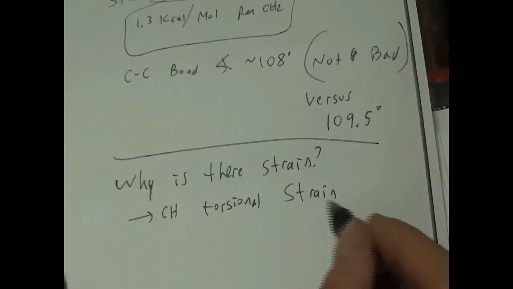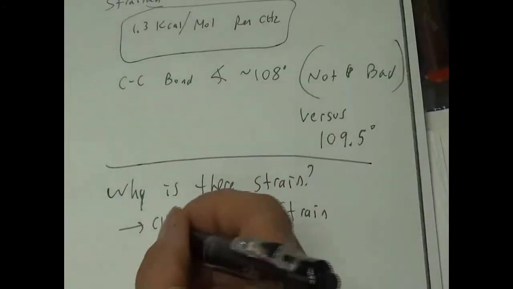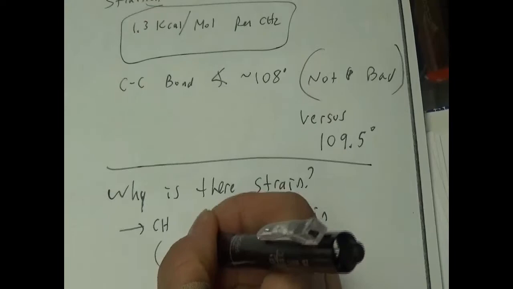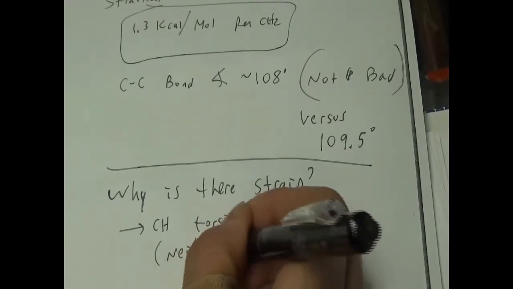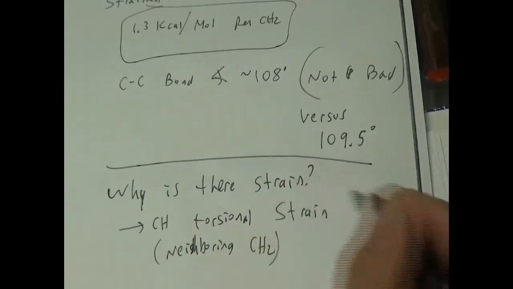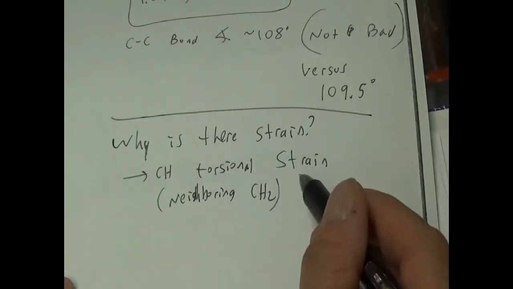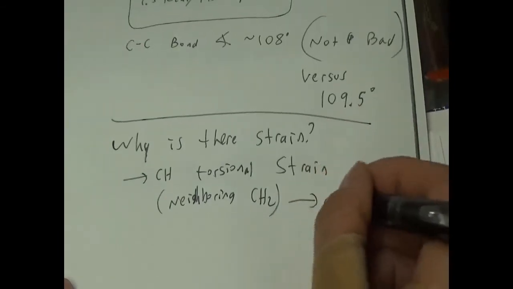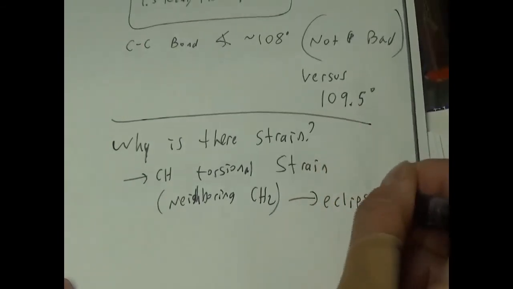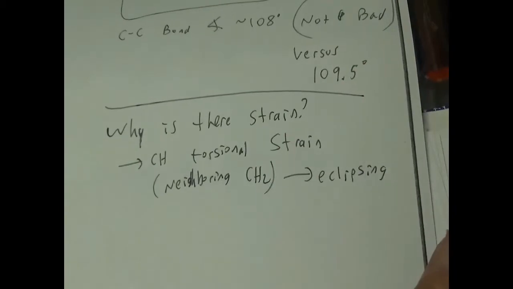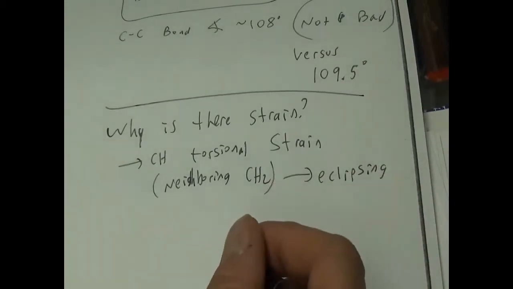And so that's going to be neighboring CH2s and the electron clouds. In order to be torsional strain, what kind of interaction is it? It's eclipsing, right? So we'll see these eclipsing interactions.